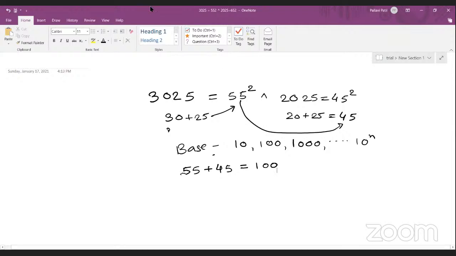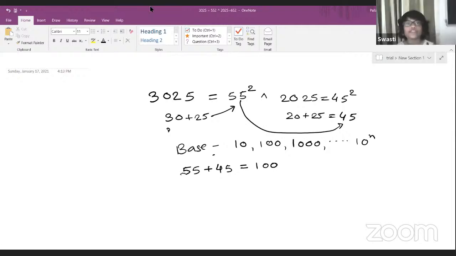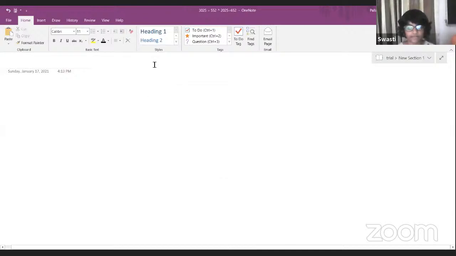And some more Zarasandh numbers and Kaprekar numbers. 88209 is a Zarasandh number, which is 297 square.